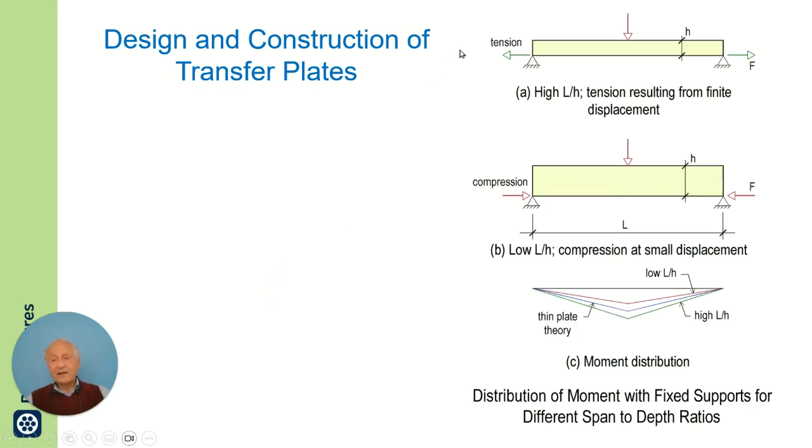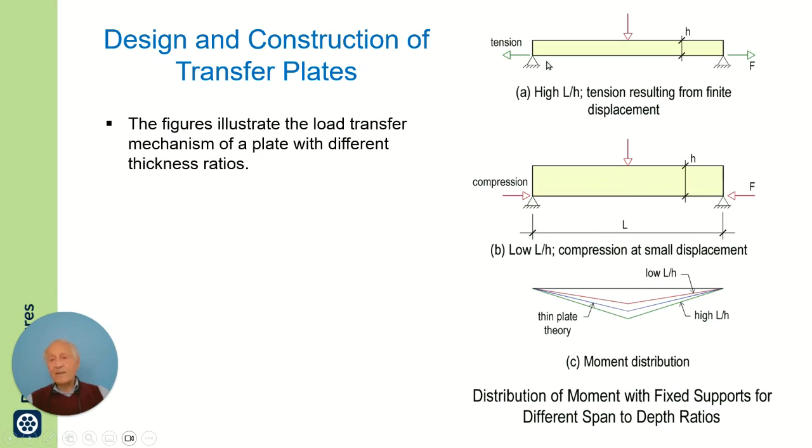I have a thin plate here at the top right and a thick plate at the bottom, and I am showing you the different types of moment distribution. Why do I show different moment distributions? Because if the end supports are not on a roller, there will be an action due to the arch effect.